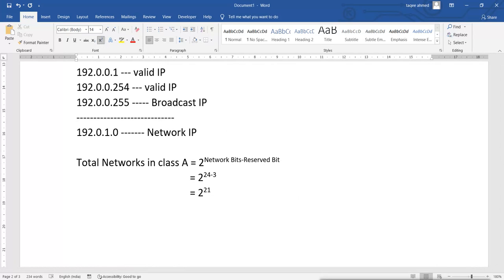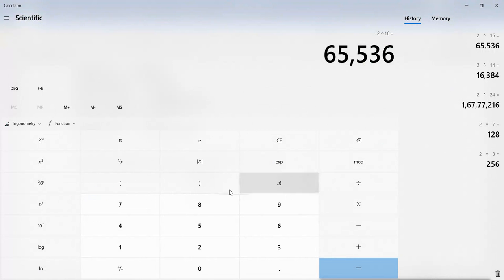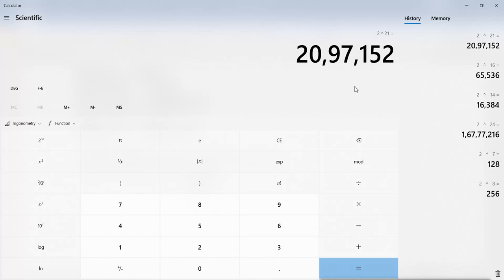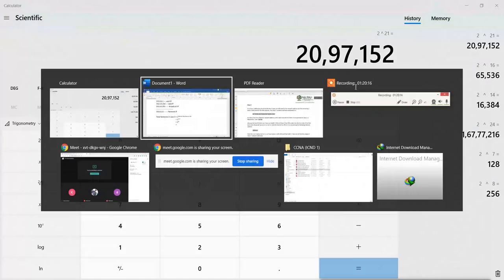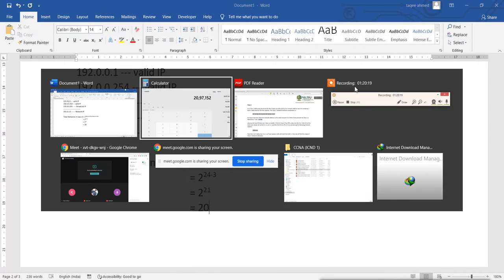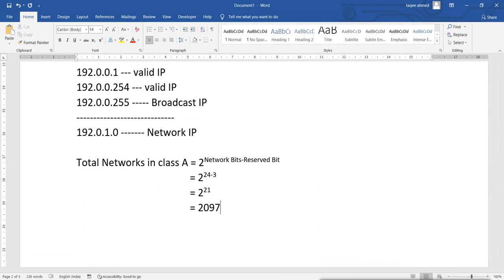If you raise 2 to 21, you will get 2,097,152 networks, and it is too many. So you're getting more networks than hosts.